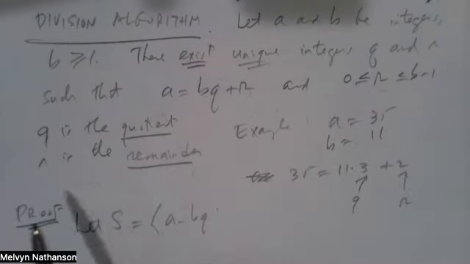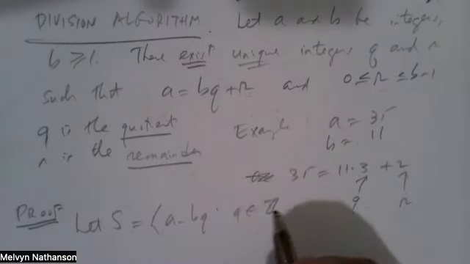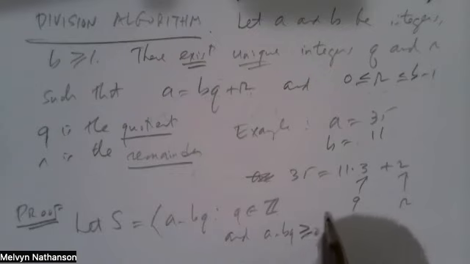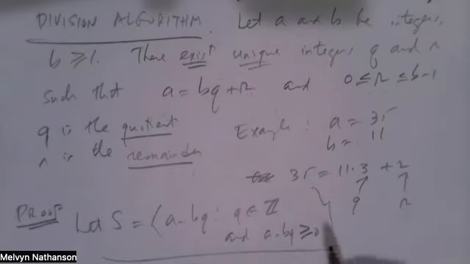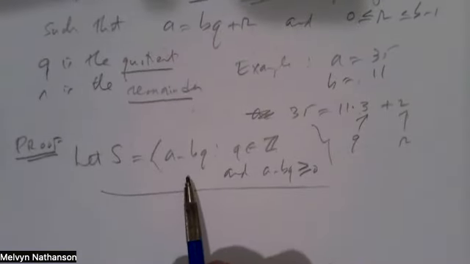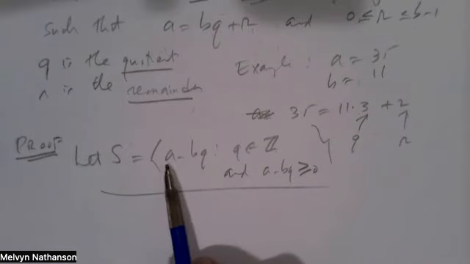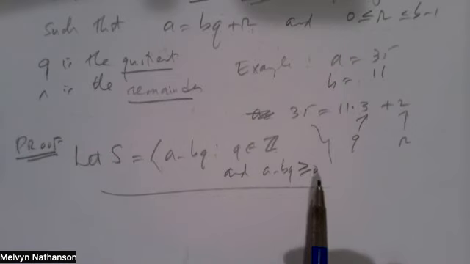So A and B are fixed. We have no choice about that. A and B are given, where Q is an integer. This means Q is in the set of integers. And A minus BQ is greater than or equal to 0. So I'm going to look at all numbers of the form A minus BQ as Q runs through all the integers, but I only take the numbers A minus BQ, which are non-negative.